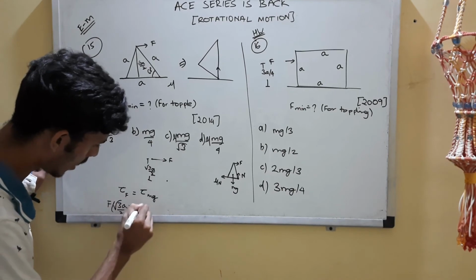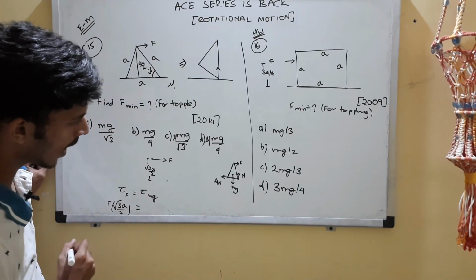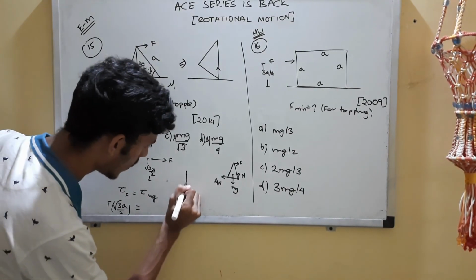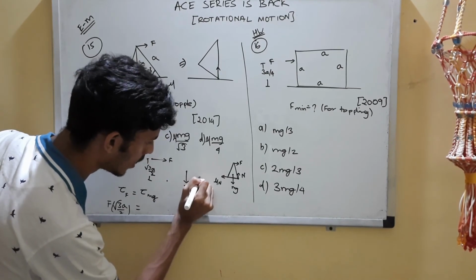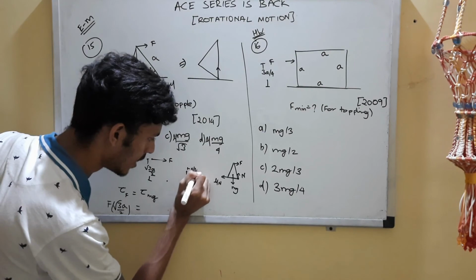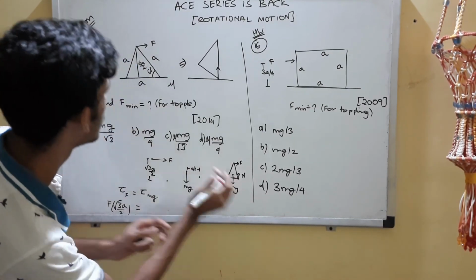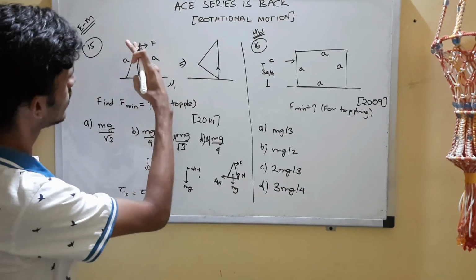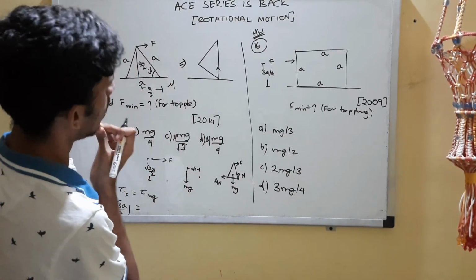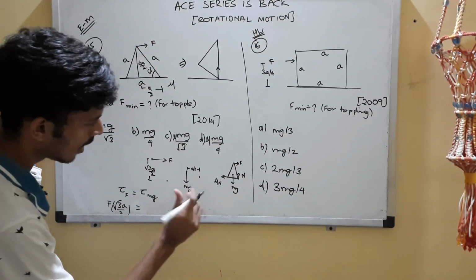Here the torque due to mg is in the downward direction, and the point is over here. The perpendicular distance is a cos 60, which is a by 2.